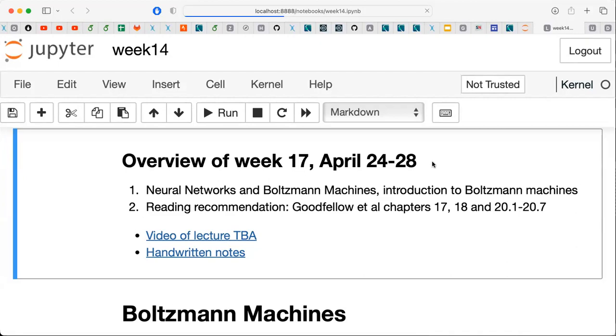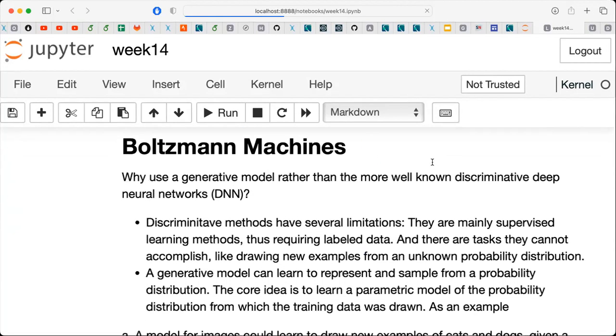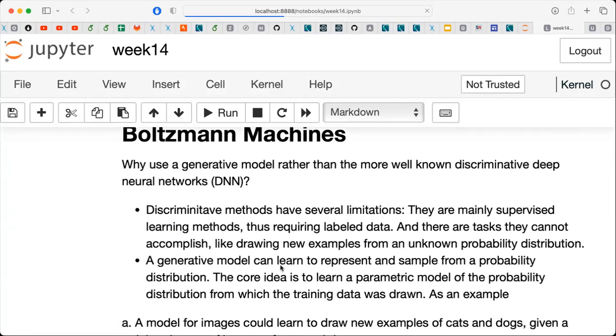Now, last week, we discussed the benefits of dealing with Boltzmann machines, and Boltzmann machines are so-called generative models. As we discussed last time, generative models are based on a probability distribution. So this is actually very interesting for us as physicists. They are meant to represent some kind of data.